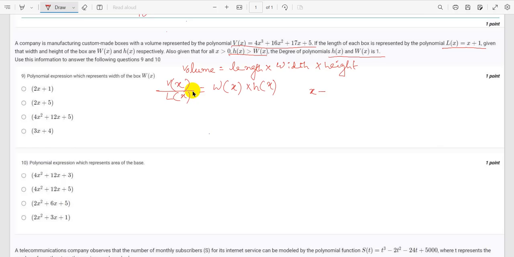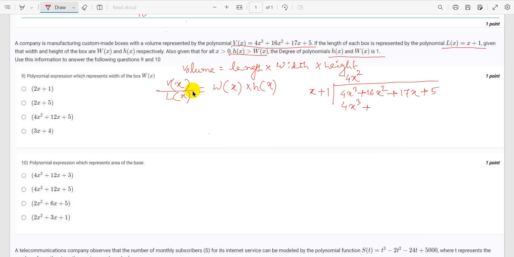Length is x plus 1 and volume is 4x cube plus 16x square plus 17x plus 5. So we know the polynomial division. First term is we have to take 4x square.